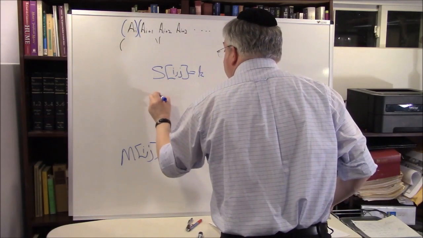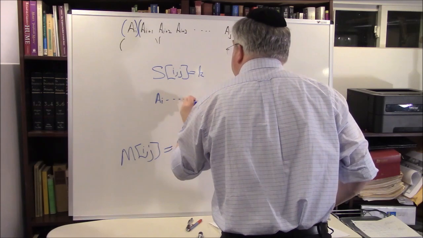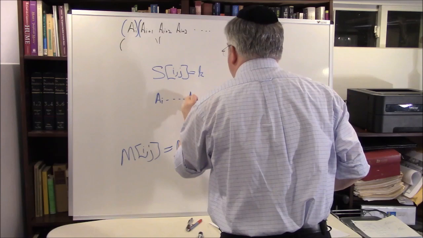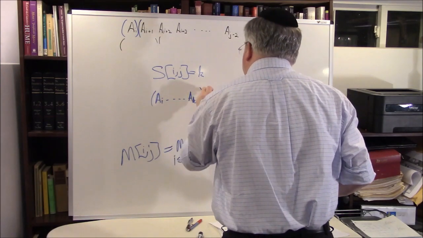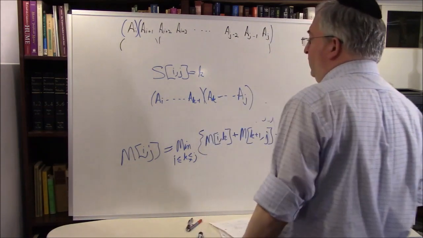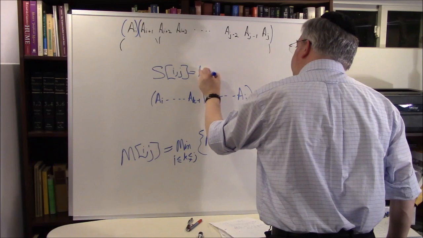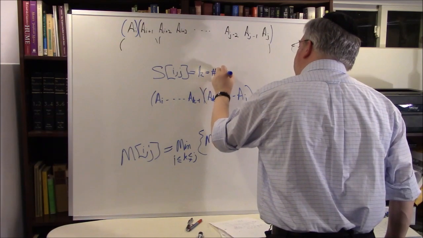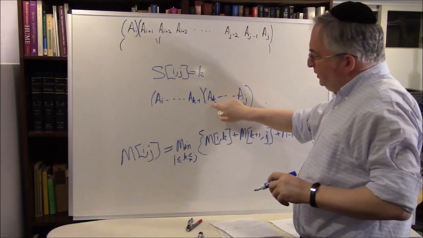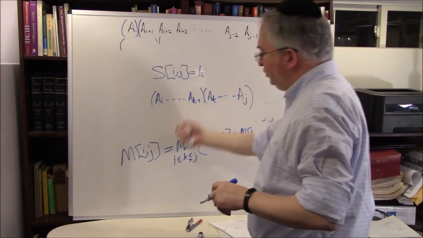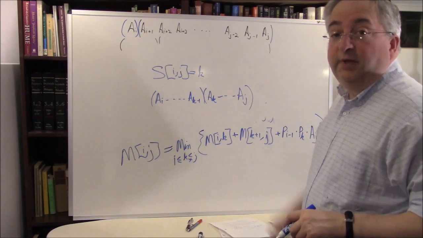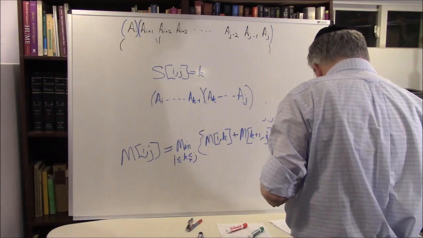That means the best answer is from A_i till A_{k-1}, and this is going to be A of k till A of j. Okay, that means you stop right there. So it preserves, you find what the minimum is, and then this tells you how you get the minimum. So that's very nice.